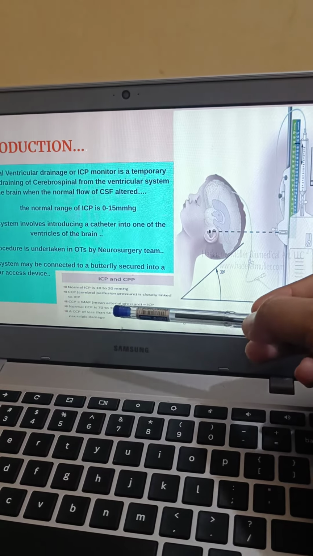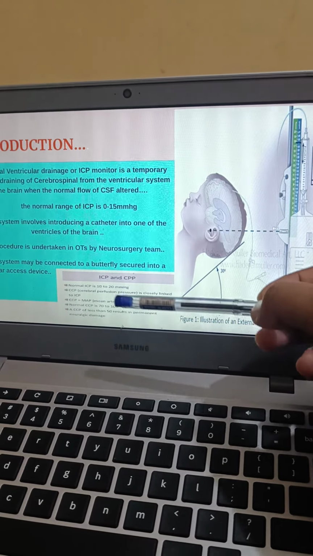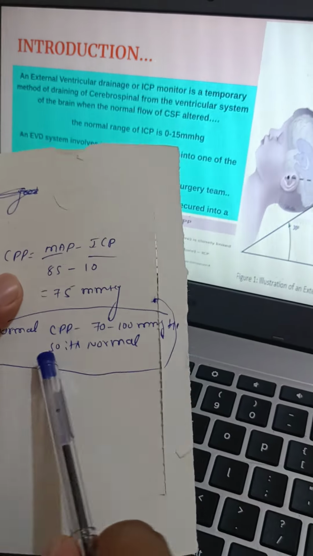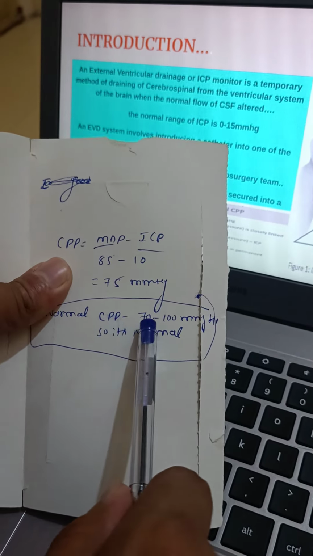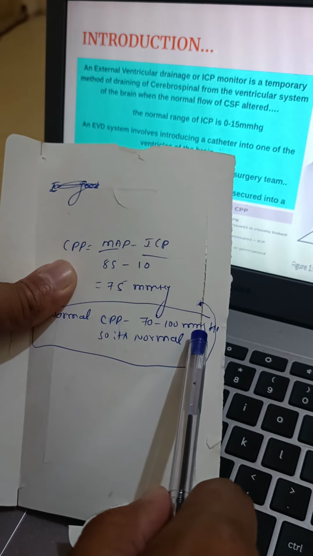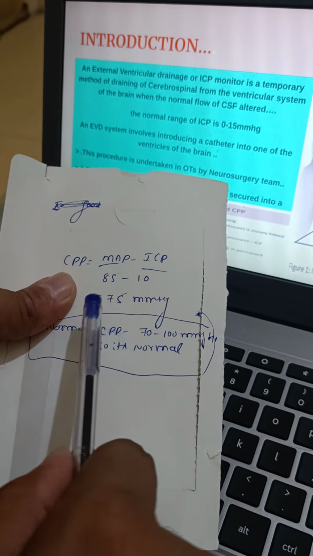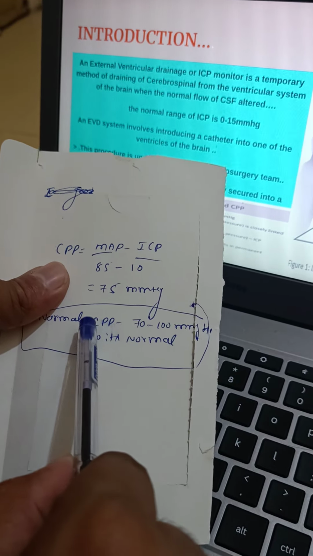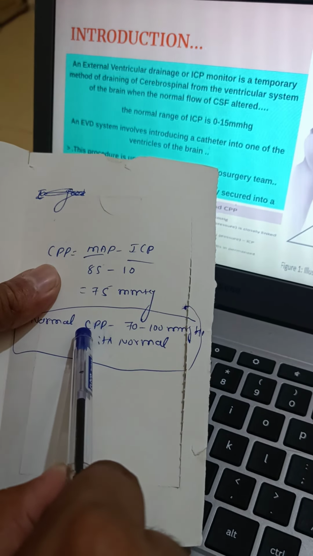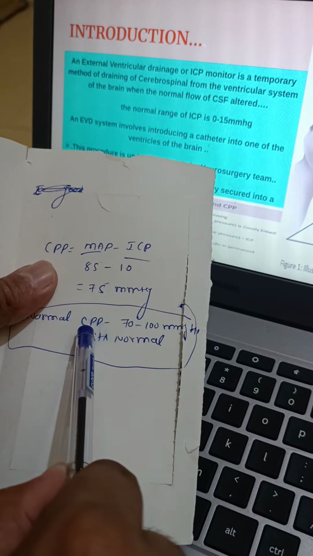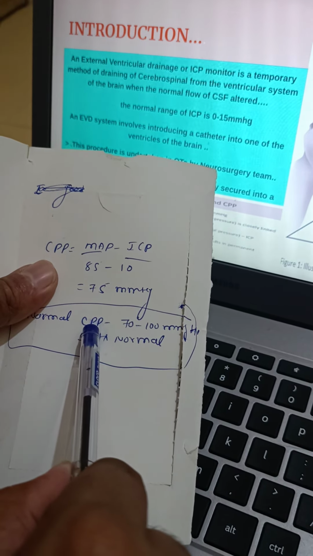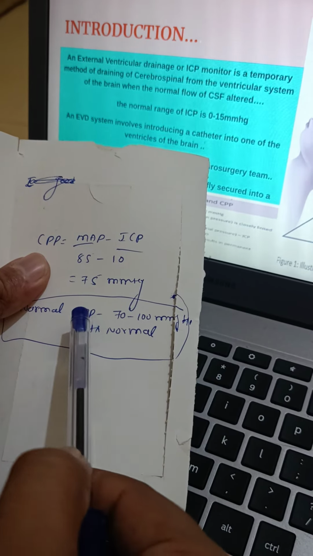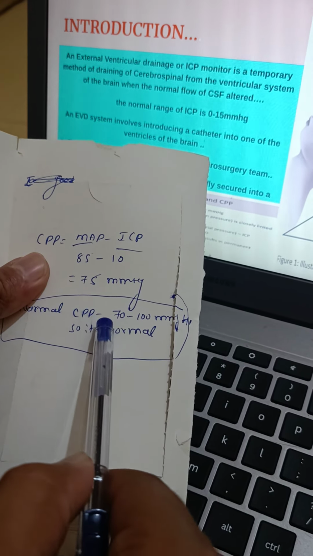The normal CPP is between 70 and 100 mmHg. If CPP falls below 50, it will cause brain ischemia, which is the most devastating and worst condition. In this condition, the person can go to brain death, and we should be aware of this.